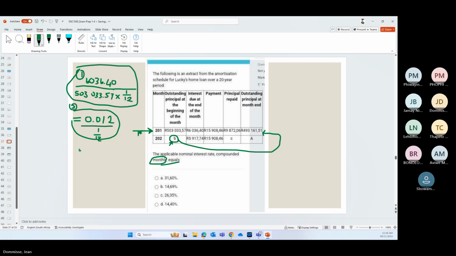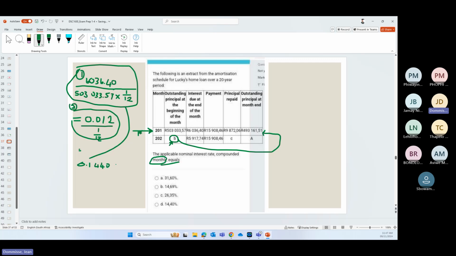And for me, on my calculator, if I do this first one, I need to say 6036.4 divided by 503.57 divided by 12. I first need to work out that answer, because my calculator does not allow it. Then I need to remember that answer will give me 0.144.